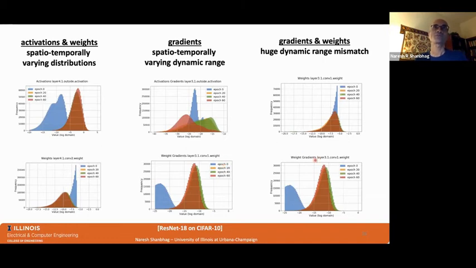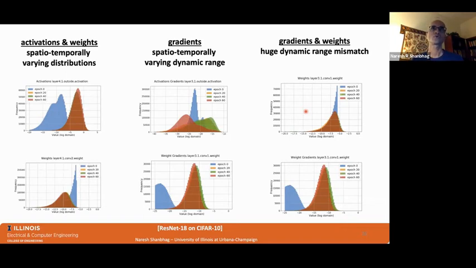And the last problem is that when you do the weight update in SGD-based methods, the weight gradient has to be added to the weights, and there's a big mismatch between the dynamic range of the weights in the weight accumulator and the dynamic range of the weight gradients, right? So it's a large number versus a very small number being added together.